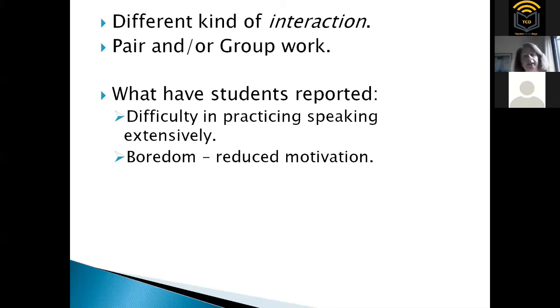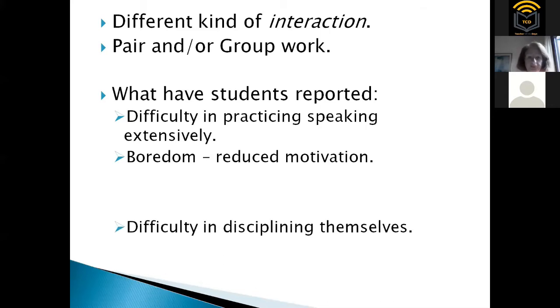Of course, we did have that in the traditional classroom as well, but now the screen makes it a little bit harder on our students, especially if you're teaching young learners. I'm teaching adults, so it is a little bit better because they're more used to the screen, but still, even with adults, this can be a huge problem.